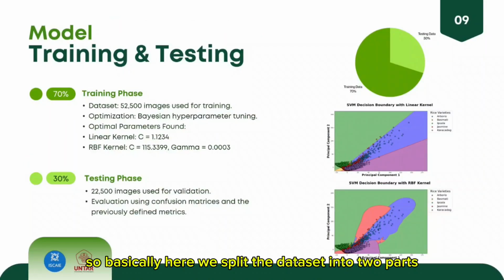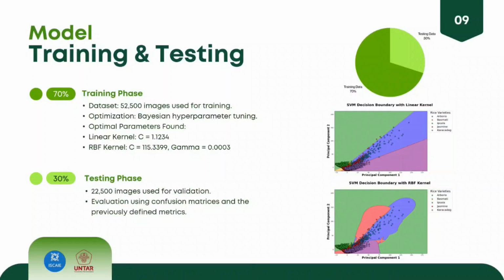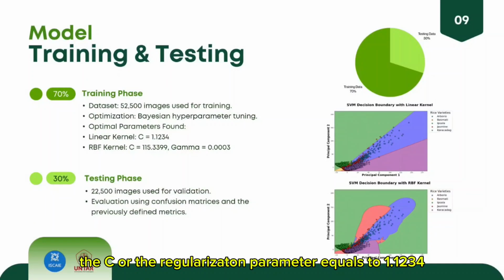So basically, here we split the dataset into two parts. 70% for training, consisting of 52,500 images, and 30% for testing, which includes 22,500 images. By using Bayesian hyperparameter tuning, we optimized the model, and the best parameters for the linear kernel were C, or the regularization parameter, equals 1.1234.